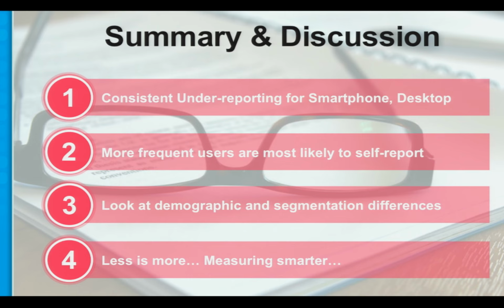More frequent users are most likely to self-report. Ongoing research is going to control for demographics. We'll do a little bit of modeling. Also, intensity of usage, different ways of using the internet or a mobile phone will be control variables for these studies. And we're going to look at segmentation differences. If you're a part of a segment, do you actually do that behavior when we see you online?